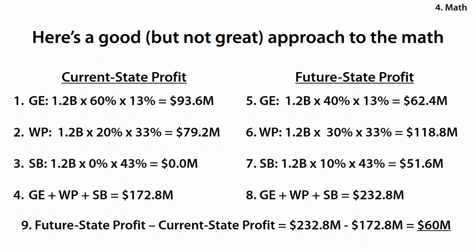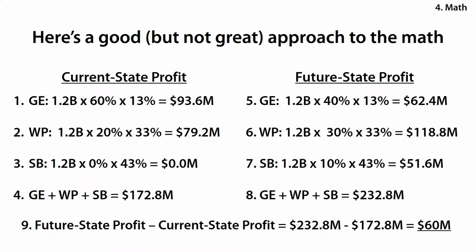Then 48 times 3 is 144, so 62.4 million. Okay, Whirlpool. So Whirlpool is 1.2 billion times 3 over 10 times 1 over 3.